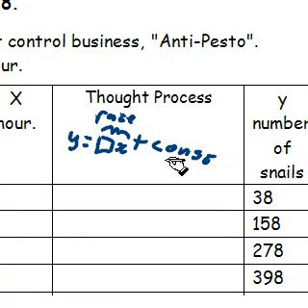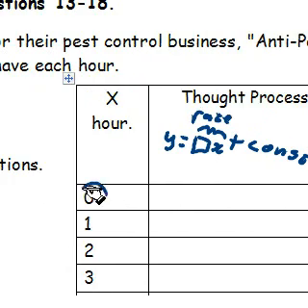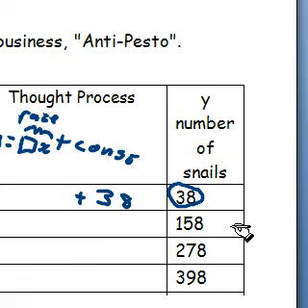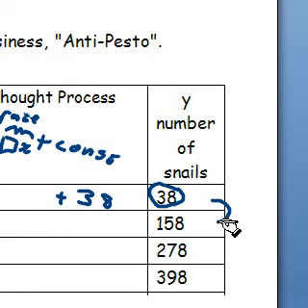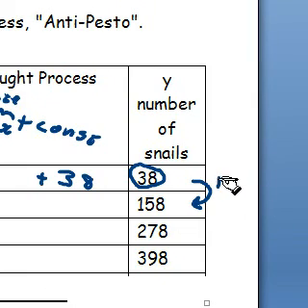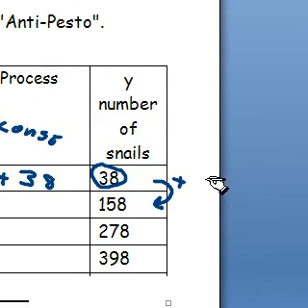And remember, our constant is whatever we start out with. So at time 0, they had 38. So it looks like we're adding 38. And what are we increasing by each time? From 38 to 158, that is a positive increase of 120.